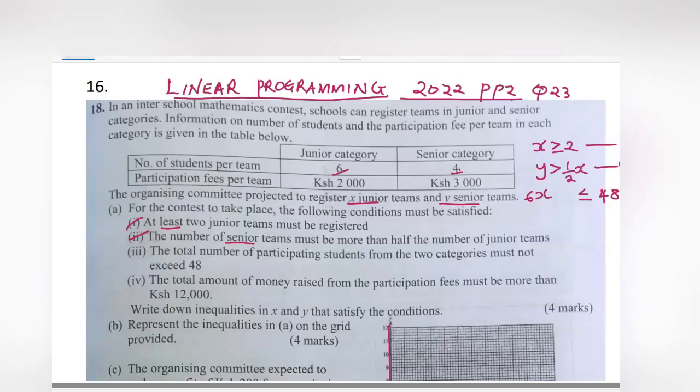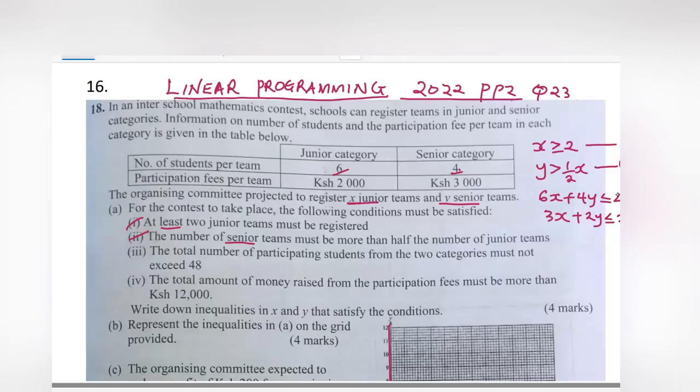So we add them and have 6X plus 4Y being less or equal to 48. Then we divide all through by 2, and we have 3X plus 2Y being less or equal to 24 as the third inequality.